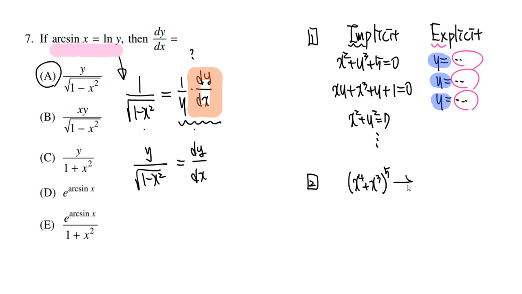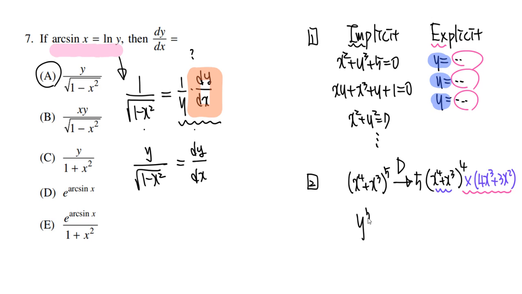When you have to differentiate this kind of thing, you act like this, and then this is not the end. The inside function you have to differentiate once more and attach it this way. This is the chain rule, okay?